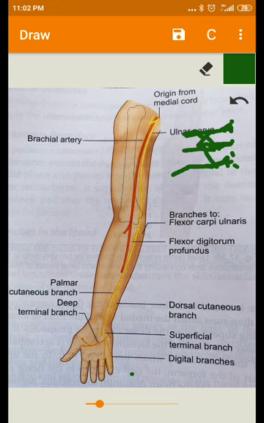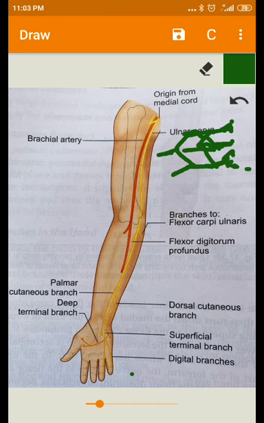In this also, the lateral root of the median nerve and the medial root of the median nerve unite to form the median nerve. The root value of the ulnar nerve is mainly C8 and T1.